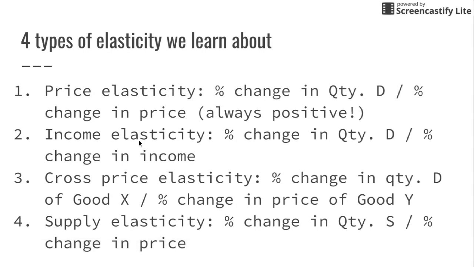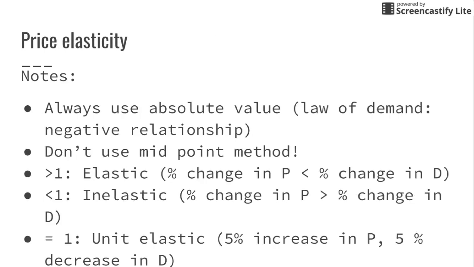With income elasticity, you're not using price, you're using income. So income is the denominator. That's one way that I was always able to remember it. So hope that helps. Price elasticity: we discussed this in class, but it's important that you remember not to use the midpoint method. The midpoint method is more specific and more exact.